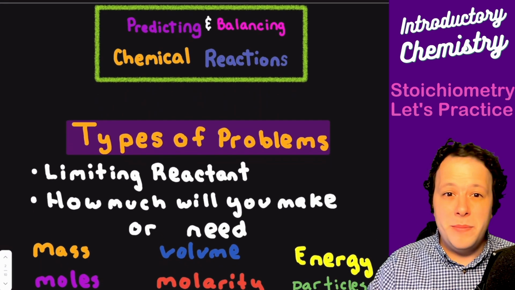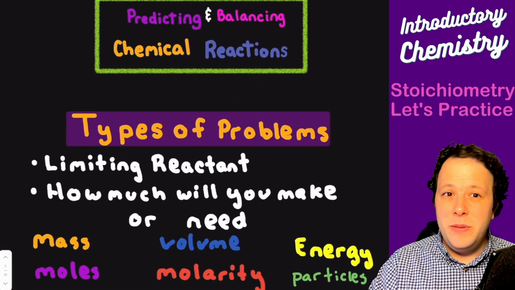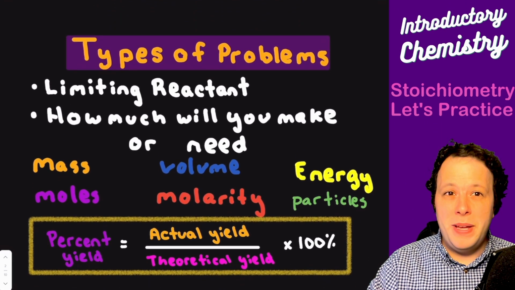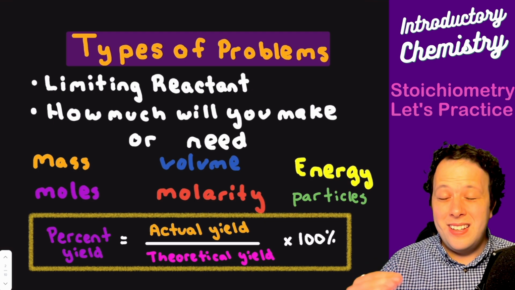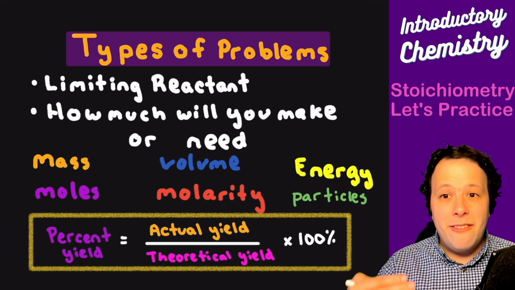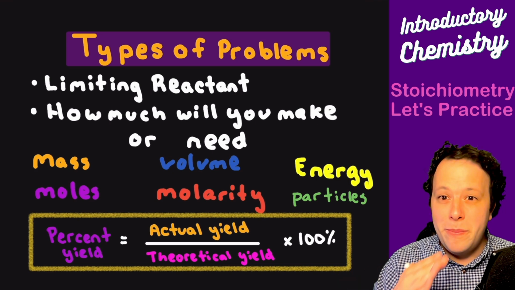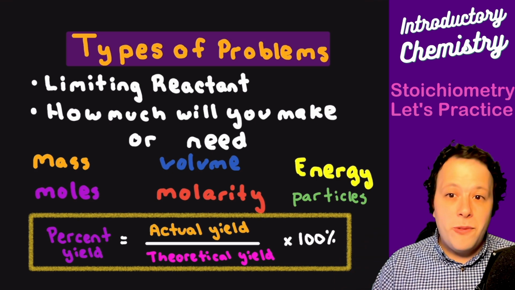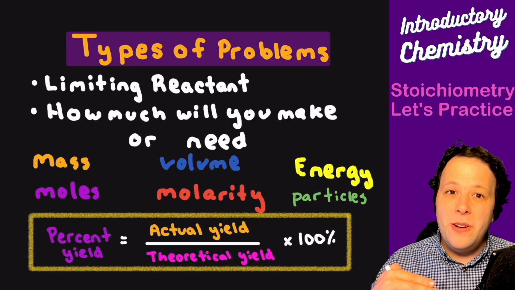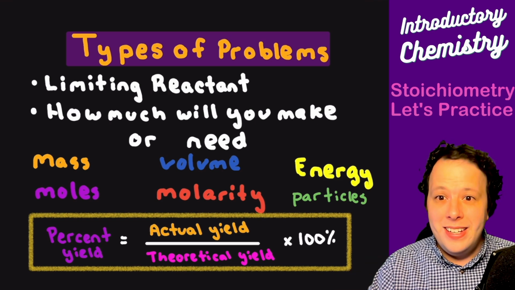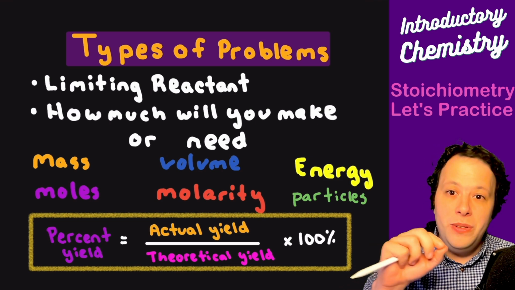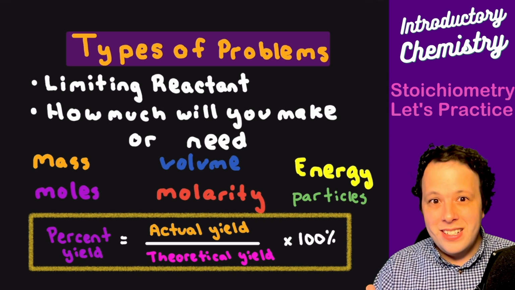Now, the types of problems you're going to be seeing could range depending on what your problem could be asking. You have to be able to solve limiting reactant problems, meaning you're starting with two different masses and you want to know what runs out first. You want to know maybe how much you will make in a chemical reaction. So, how much product do you have? How much do you need, which is how much reactant do you have?